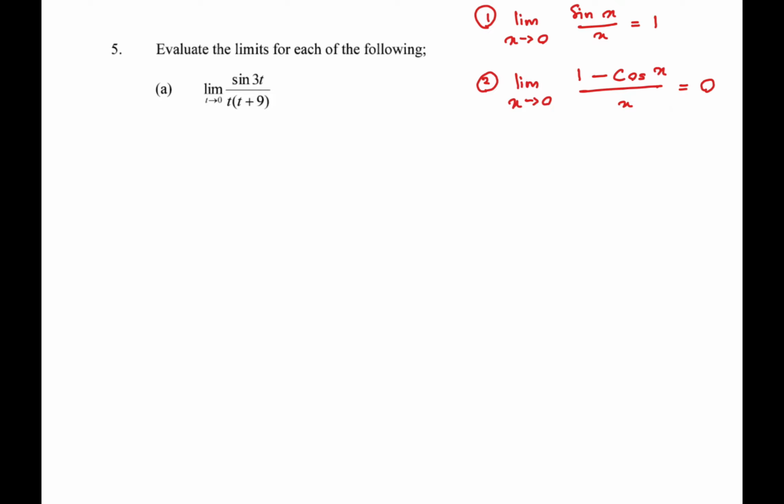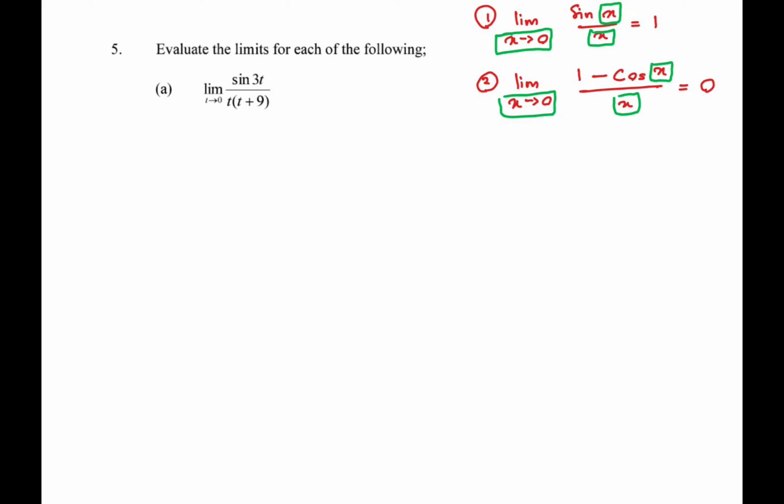The most important part that you need to understand when we want to use these theorems: first, make sure the limit approaches 0 for both parts. If it does not approach 0, we can substitute directly and get the answer. The second one, make sure the angle of the trigonometric function is equal to the denominator.